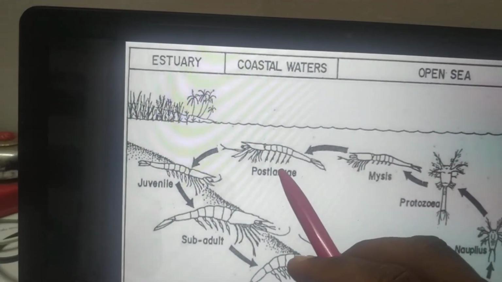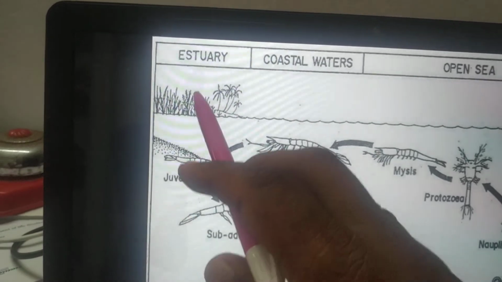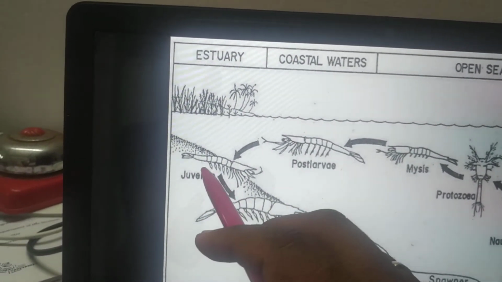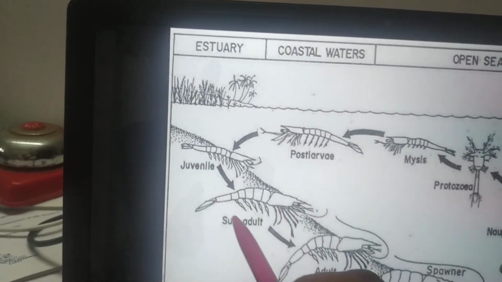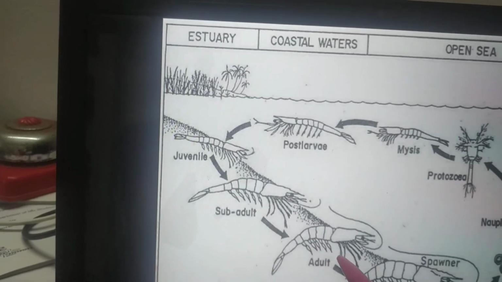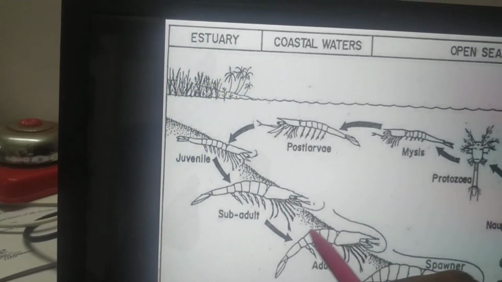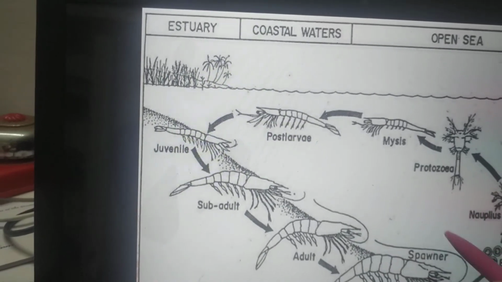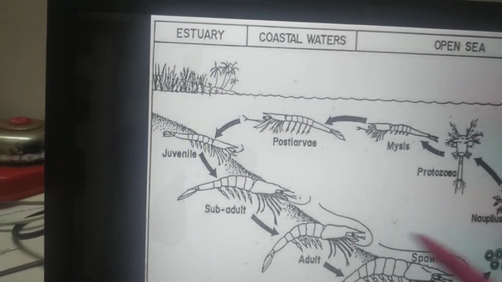The post larvae move to the estuary area where food is available in plenty. The post larvae convert into juveniles, the juveniles transform into subadults, and the subadults into adults. The adult goes again to the seawater to attain sexual maturity.